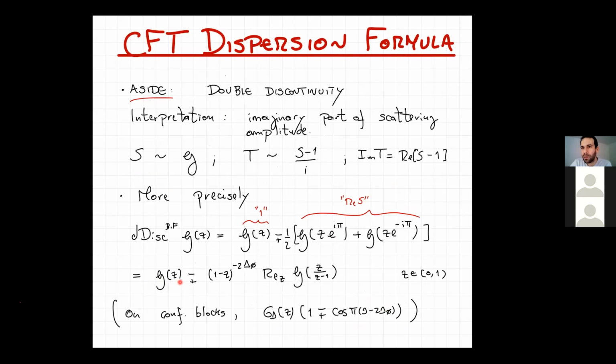Yes? So the integral of the double discontinuity looks a little bit like the inversion formula. Is there any connection to that one? Yeah, I think this is the 1D version.